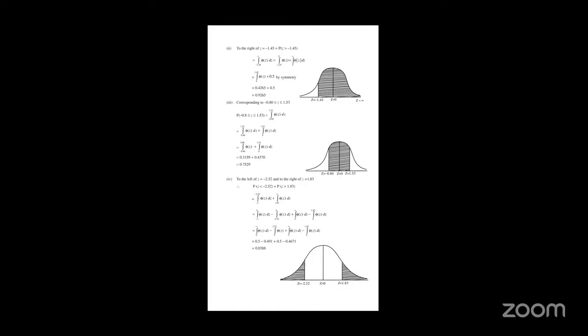Next, coming to the fourth one. What is the question in the fourth one? To the left, z is equal to 2.52, and to the right, z is equal to 1.83. Again for the integral, we take minus 2.52 and 1.83 as the boundaries, minus infinity to infinity, split into two different integrals.